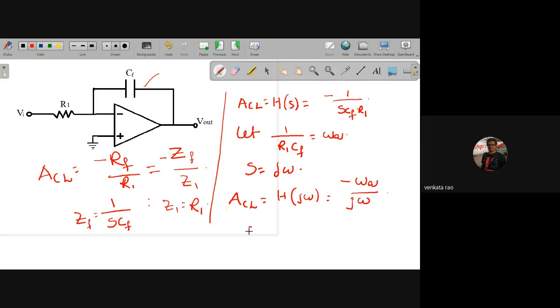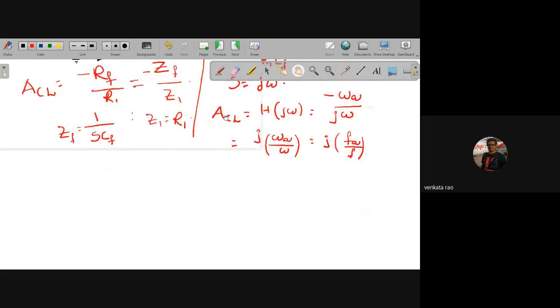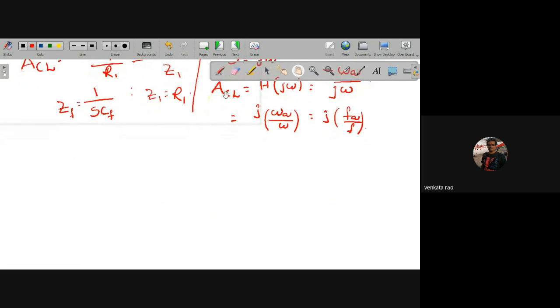So we can write this as minus 1 by j, omega A by omega, or you can also write omega as 2 pi F, so FA by F. Now I am taking the magnitude.